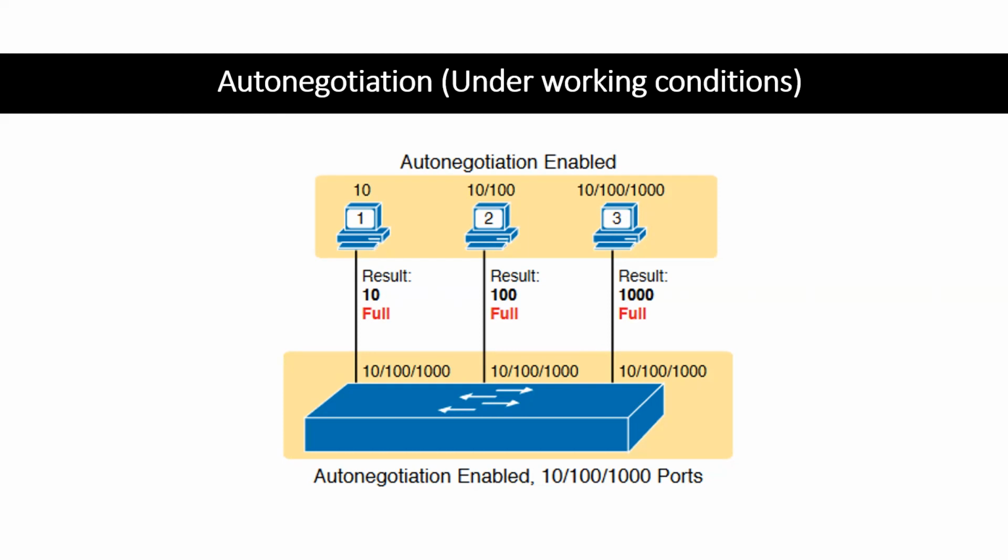So this is how it looks in a working environment. Everything is perfect, there's no issues, the ports can auto negotiate. We're all good. And again, to get a little bit technical, all of this falls under the Ethernet standard from IEEE, and there's different standards, of course, that we went through in earlier chapters, regarding 10BASE-T, 100BASE-T, 1000BASE-T.